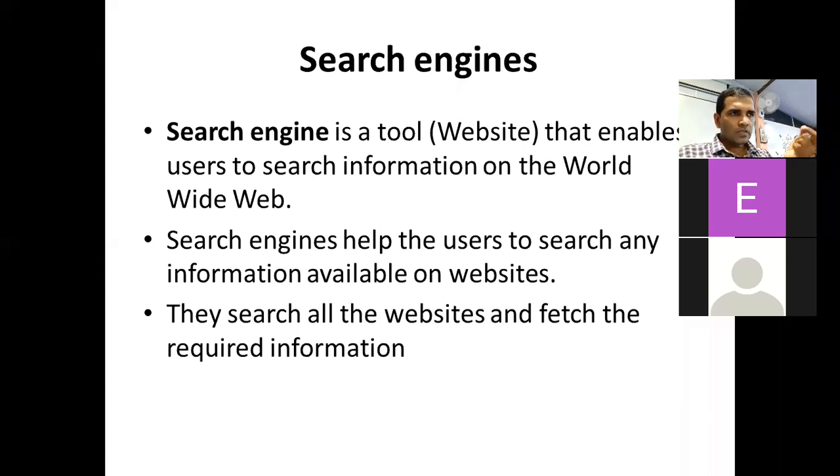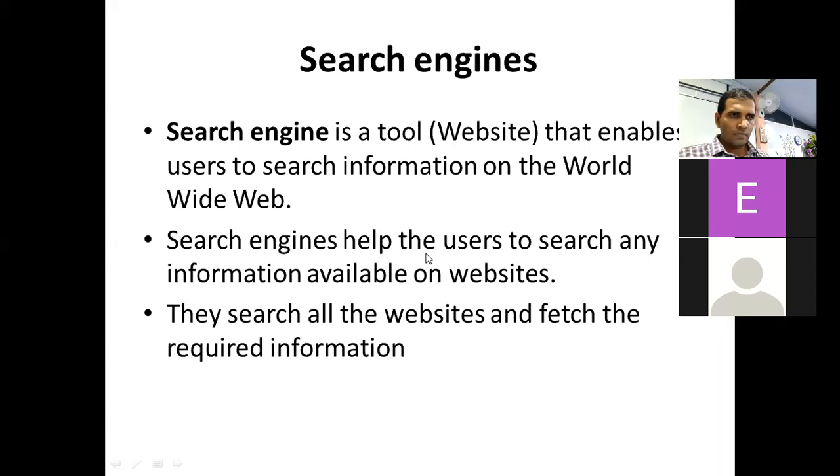Look at this. A search engine is a tool, which means a website, that enables users to search information on the World Wide Web. World Wide Web means a collection of web pages. So this search engine helps us to search all these web pages to find specific information.